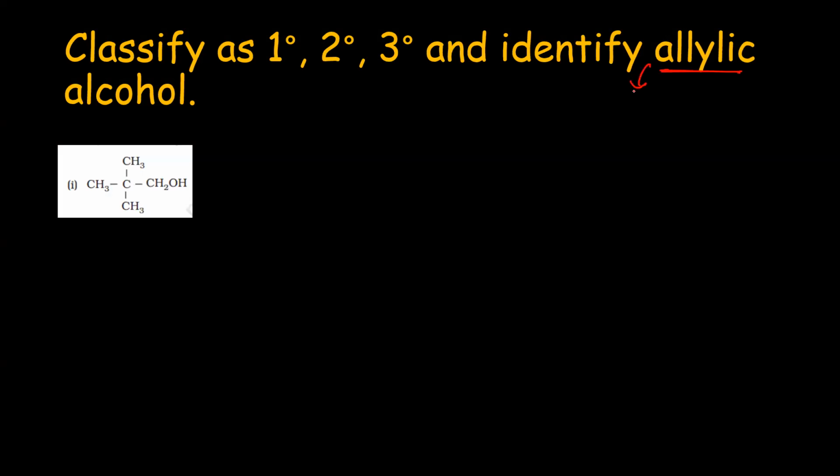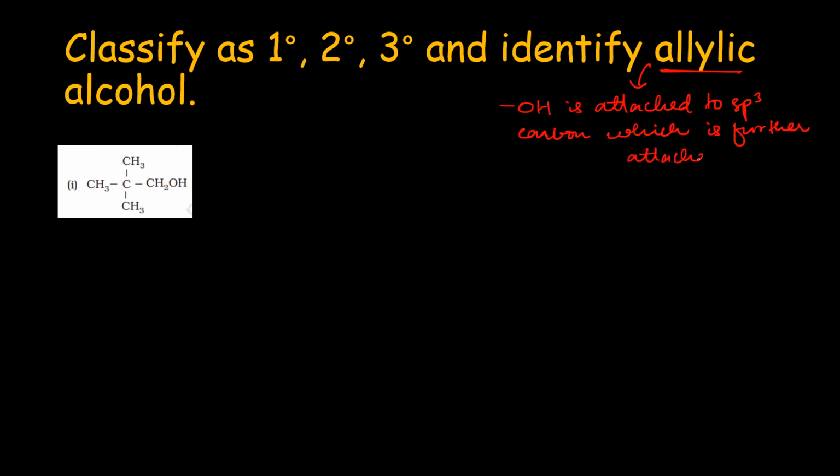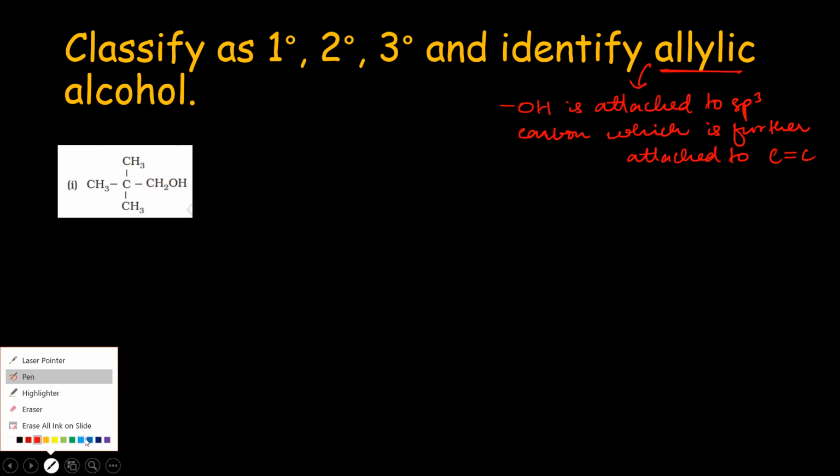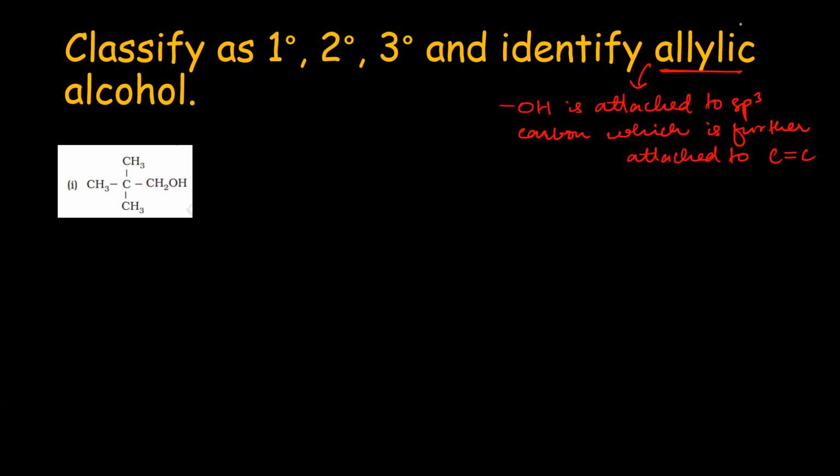In allylic alcohol, OH is attached to sp3 carbon, which is further attached to C double bond C. That means for allylic OH, you will have this kind of structure.